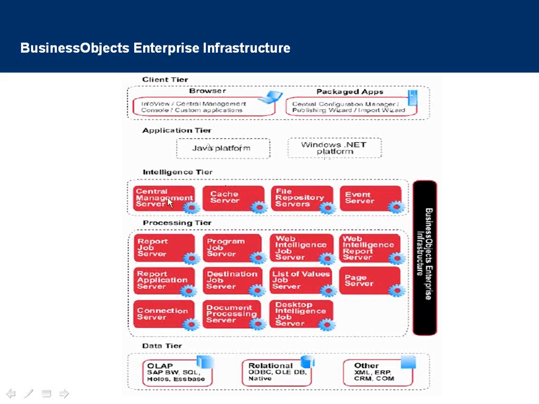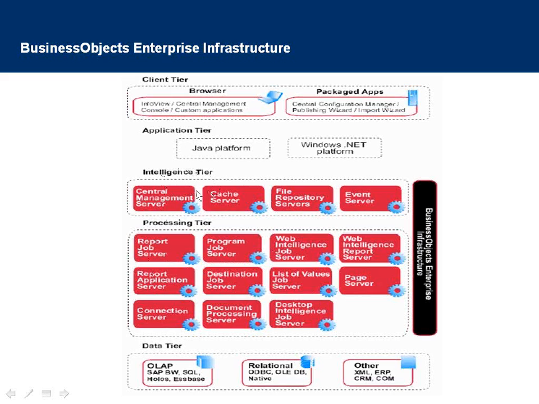Then in the intelligence tier we have the main 4 servers. This intelligence tier is called the brain of your Business Objects Enterprise, whereas your processing tier is like the heart of your Business Objects. Without these two tiers, nothing is possible in your Business Objects Enterprise.